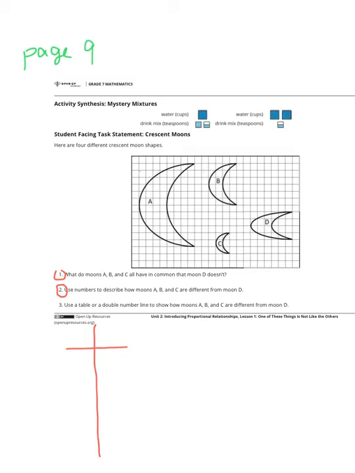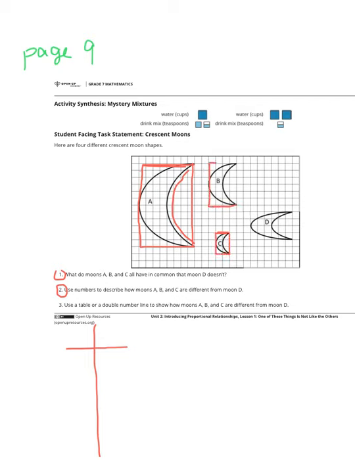So what I want you to do is pause here and draw yourself, because we can't measure again along the curvature, but we can measure a width and a height. So I want you to draw yourself a little rectangle around each of these moons so that it touches the top corners and the bottom sides.